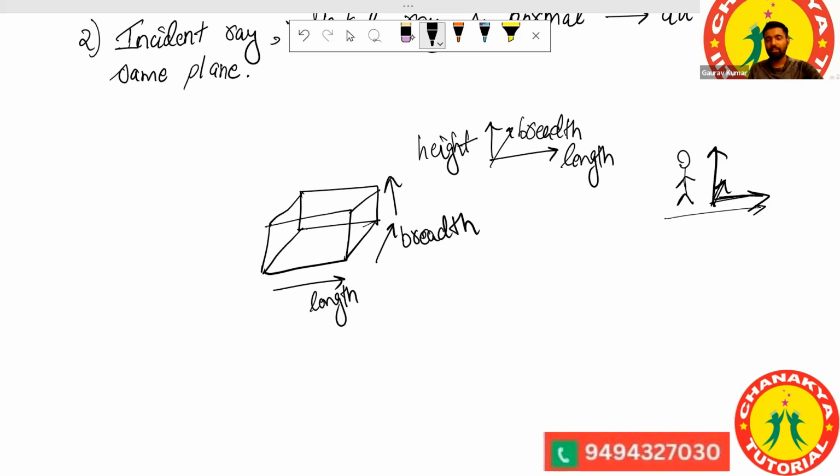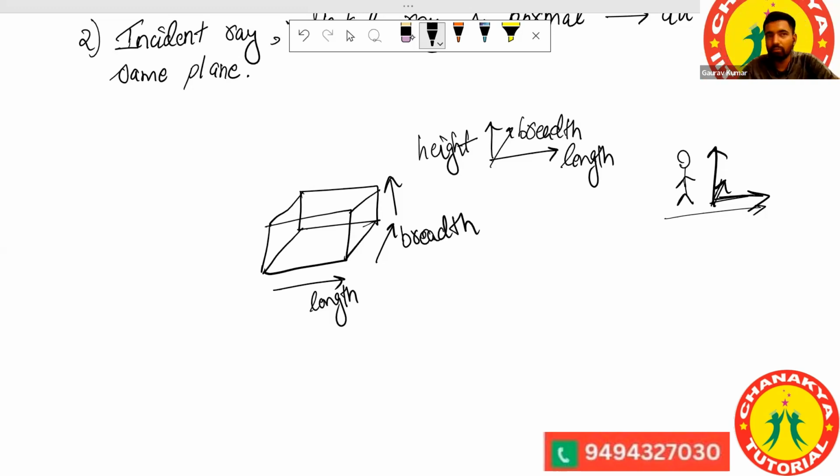This is height. So our surroundings are all 3D. How can we say 3D? 3D means that all of these have length, breadth, and height.